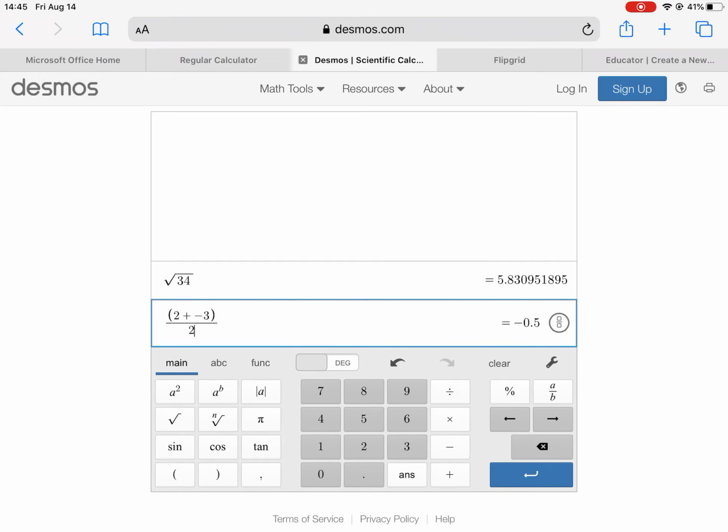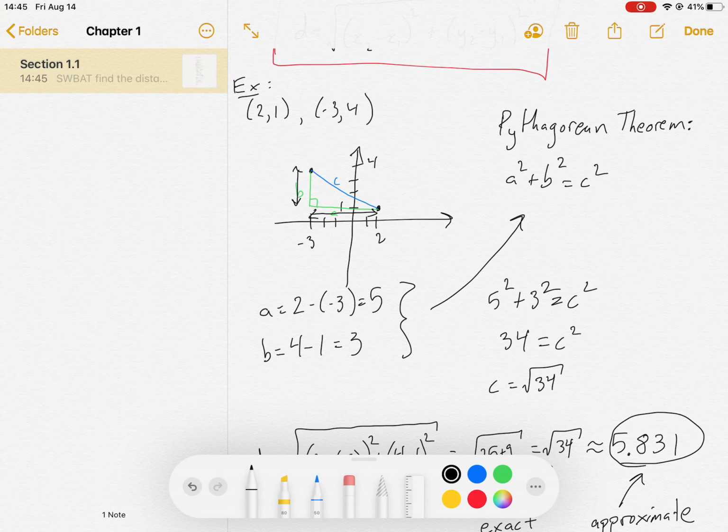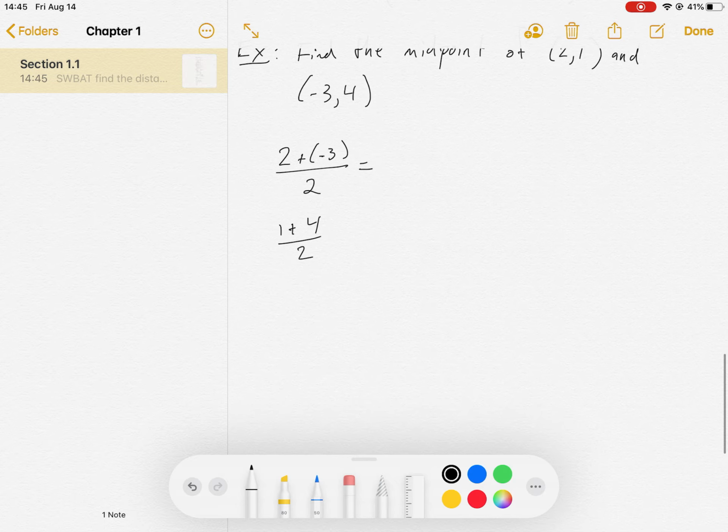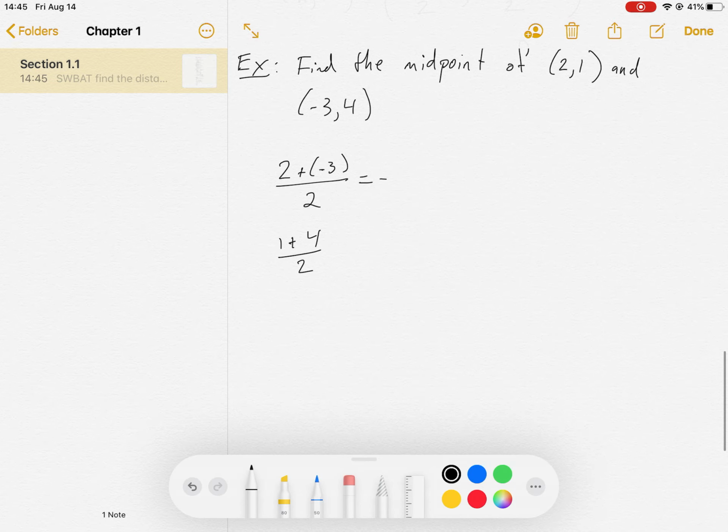So I would get -0.5 here. And then 1 plus 4, I'm just going to do this one in my head, is 5 divided by 2 is 2.5. So then the midpoint, the answer really to this problem, is -0.5, 2.5.